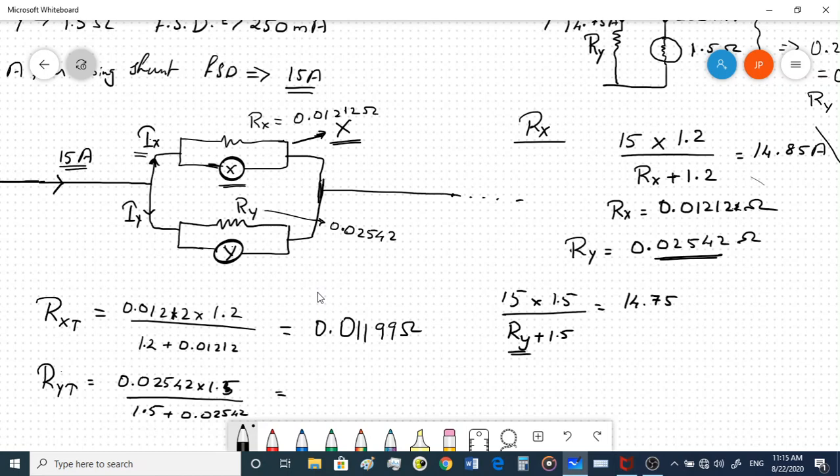So you will get this as 0.02542 into 1.5 divided by 1.5 plus 0.02542.